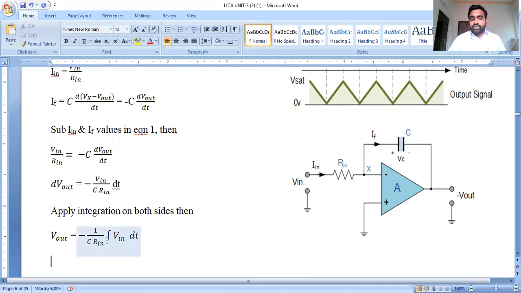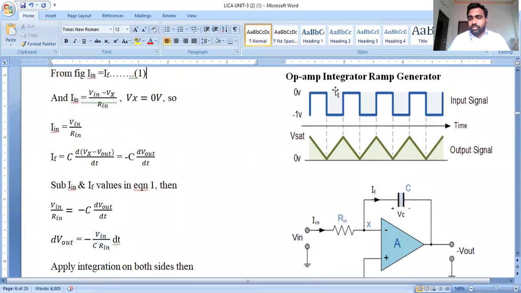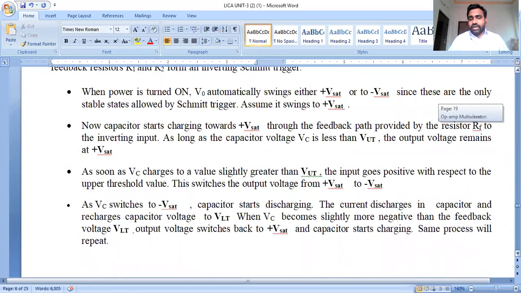That means if we give a pulse as an input to this integrator, then the output will be a ramp, in the sense ramp or triangular. That's why in my application of a triangular wave generator, I am connecting a square wave generator to an integrator.